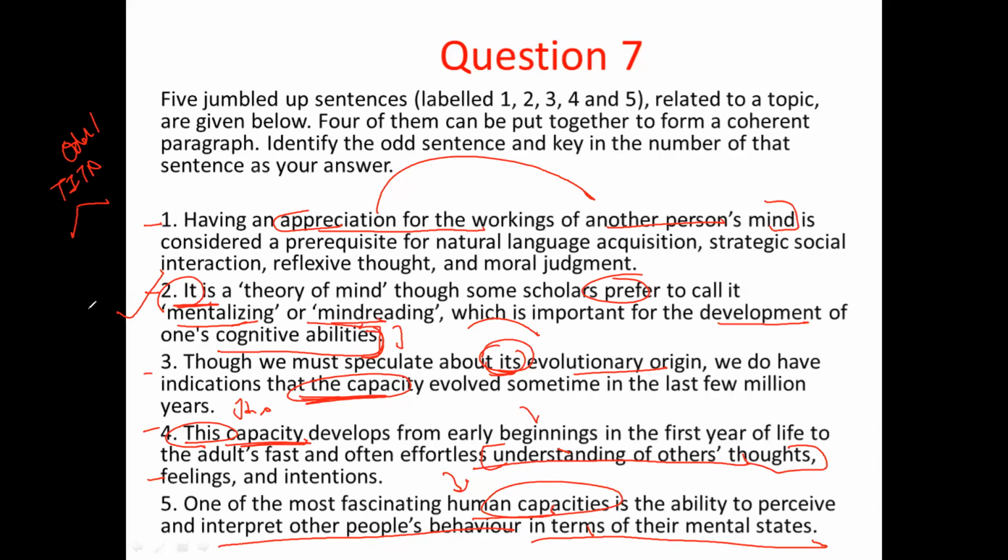If we do it for the arrangement, 5 will definitely be the opening sentence, and after that 1 will come, because having an appreciation for the workings of another person's mind is considered a prerequisite for natural language acquisition, strategic social interaction, reflexive thought, and moral judgment. Then this capacity develops from early beginnings to the adult's fast understanding, though we must speculate about its evolutionary origin. That could be the case, right? Because it provides the historical perspective towards it. So 2 is the odd one out.